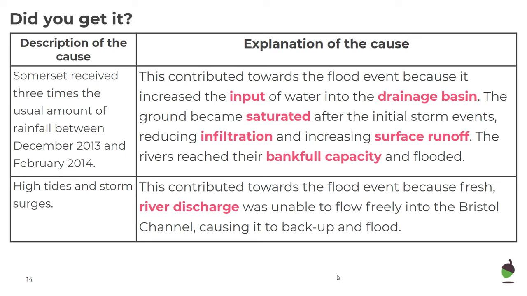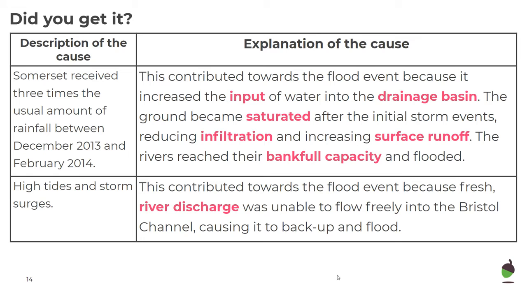The rivers reached their bank full capacity and flooded. The second cause, high tides and storm surges. This contributed towards the flood event because fresh river discharge was unable to flow freely into the Bristol Channel, causing it to back up and flood.